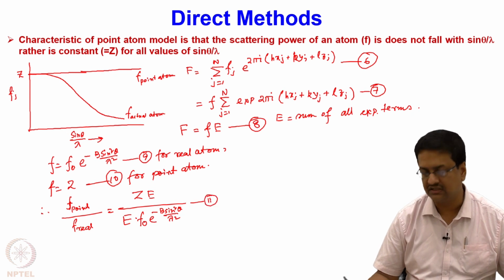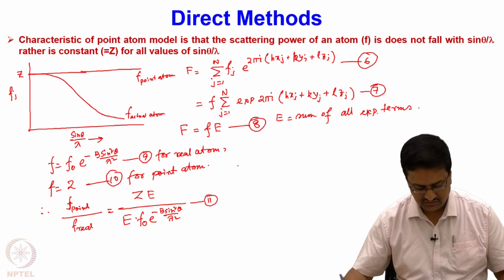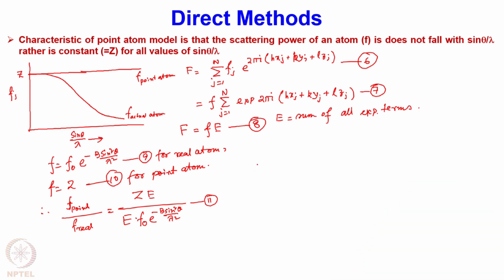So this is my equation number 11. From here we can write that F point is equal to Z by f_0 e to the power minus B sin square theta by lambda square into F real. That is my equation number 12.